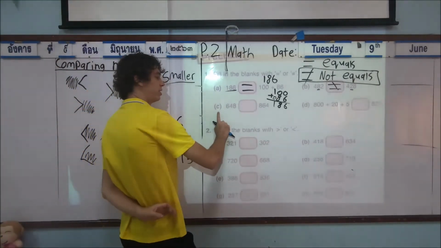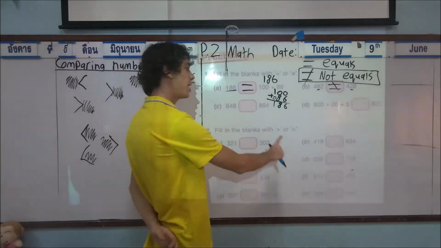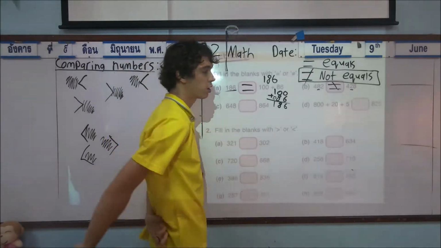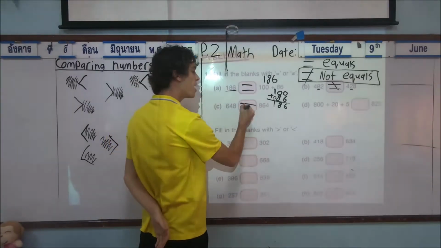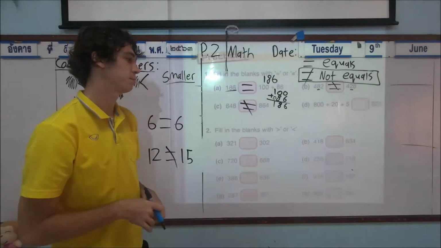This, part C, 648 and 864. They are not the same. They are different.